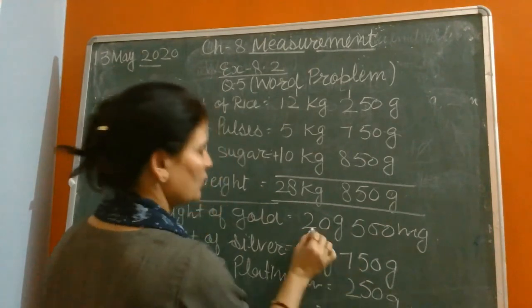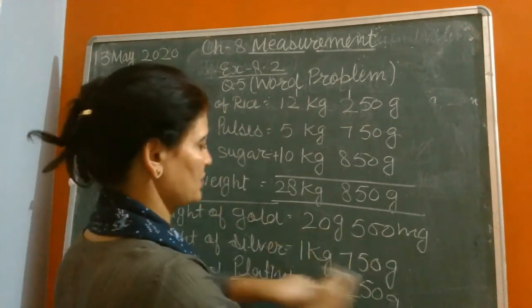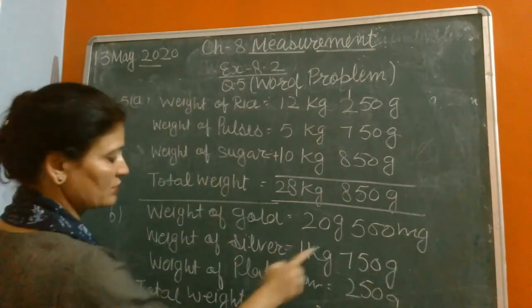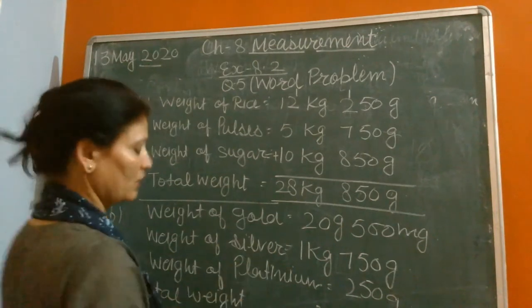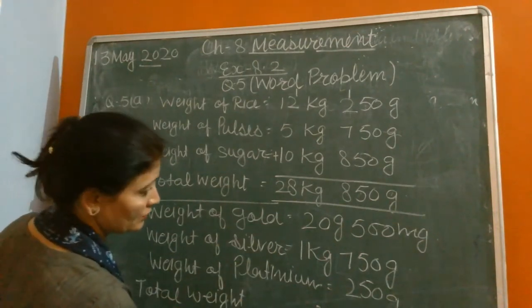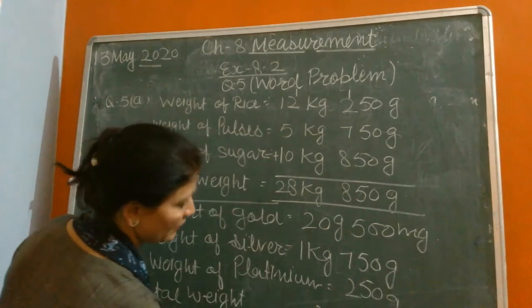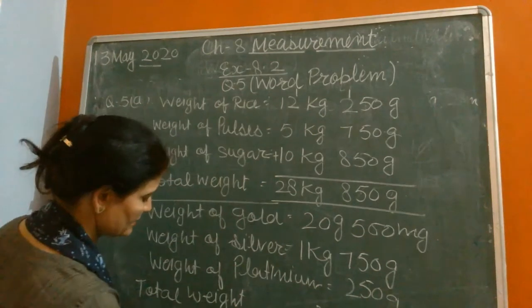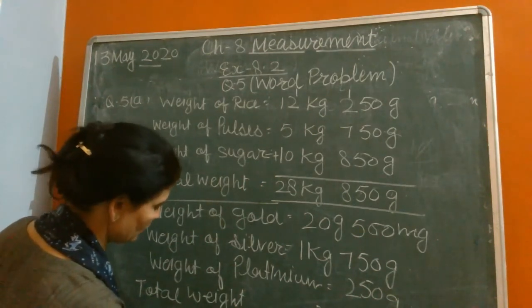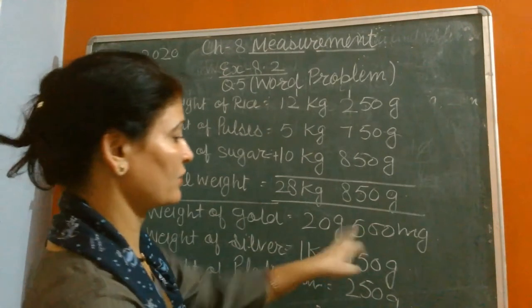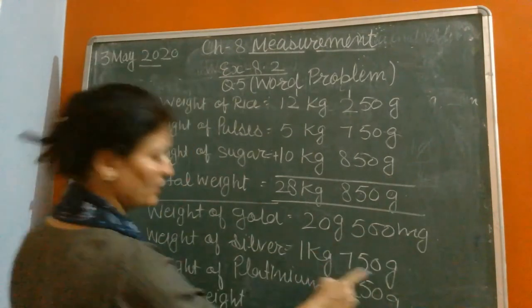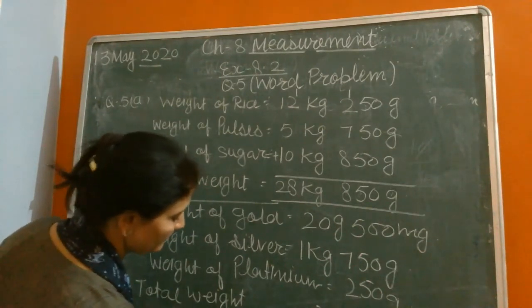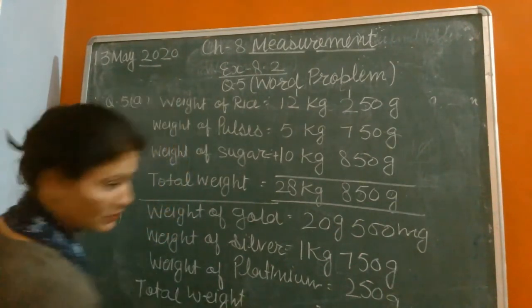Now, total weight equal to 20 gram 500 mg, 1 kg 750 gram, 250 gram. First we will put them according to the weight: 20 gram and 500 mg. 1 kg will be separate because all the other units are given in gram and mg. 750 gram we will put below the gram, 250 gram.